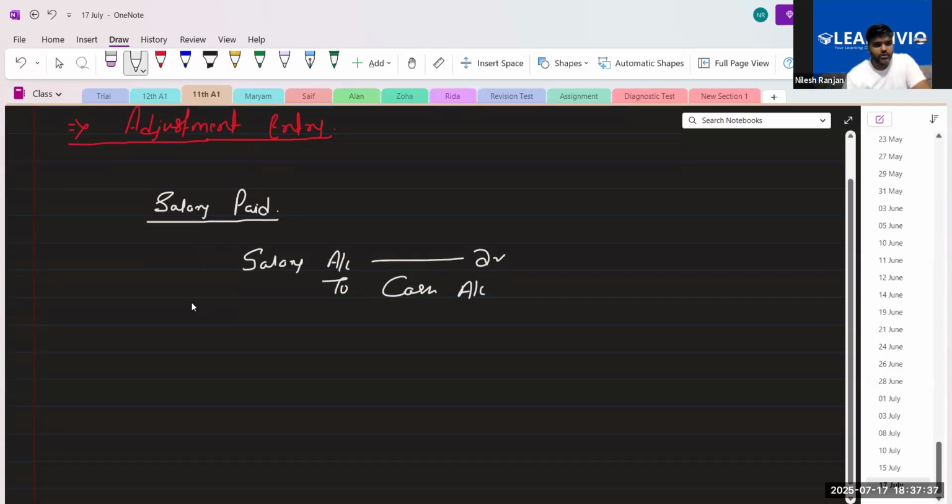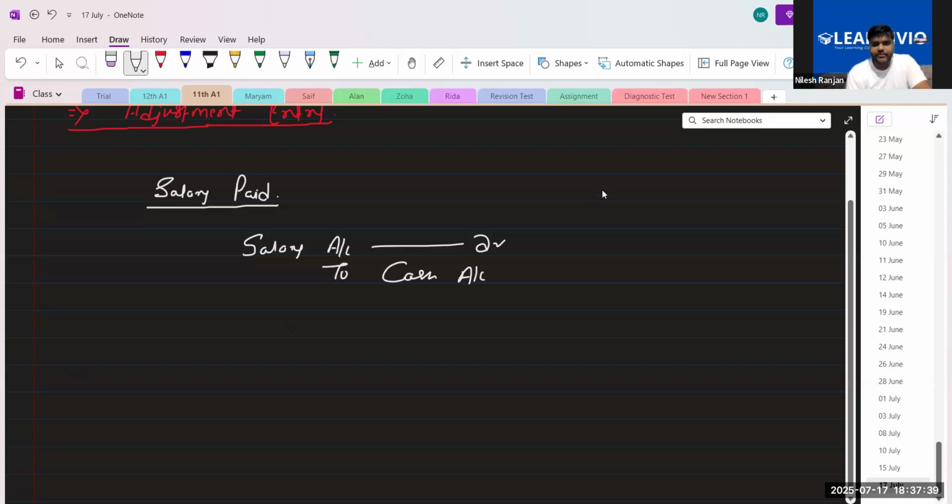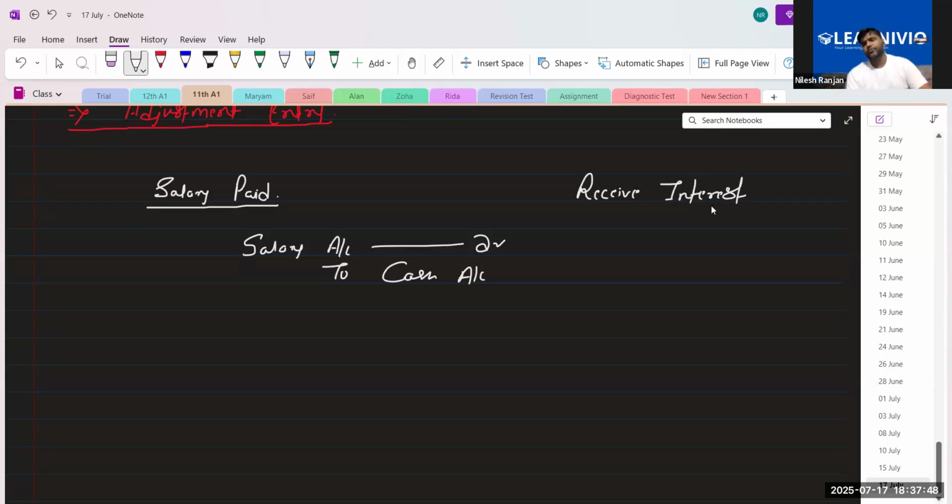Okay. Now, if we receive commission or interest, let's say interest. So we have invested money in a bank, we have deposited money in a fixed deposit, and on a regular basis they pay the interest.